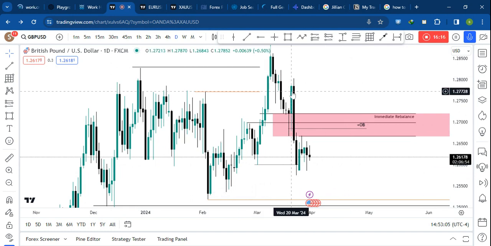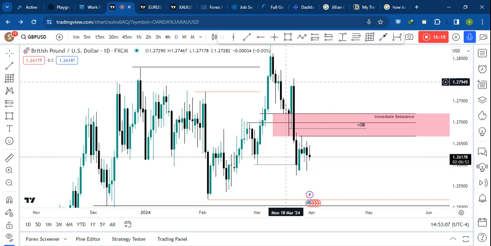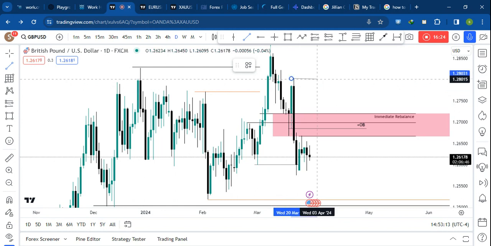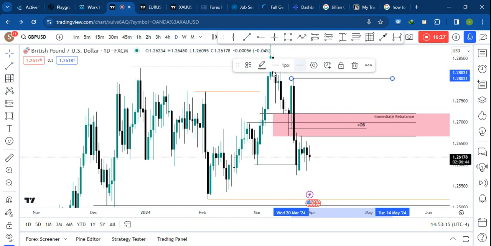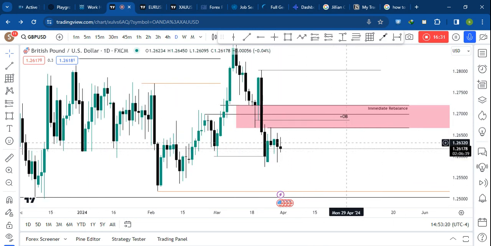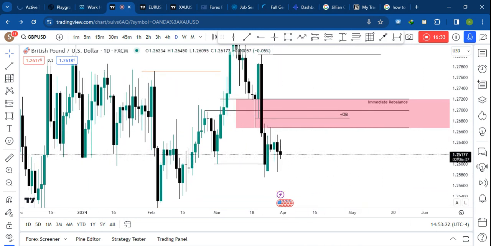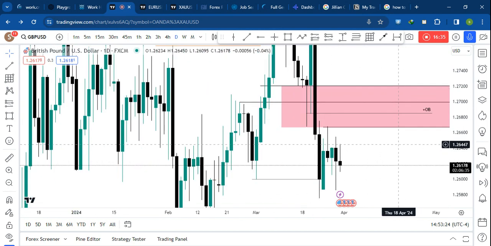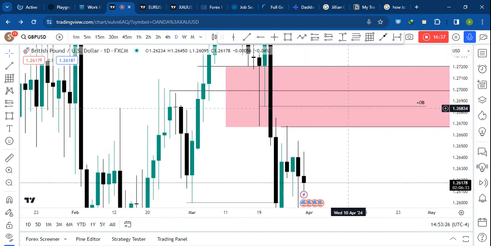So this is an area that I can trust for a selling opportunity. If it's a sell, the stop loss will be above this area. That is how I consider it. And it is a valid order block because of this fair value gap. It has a good fair value gap in this area.